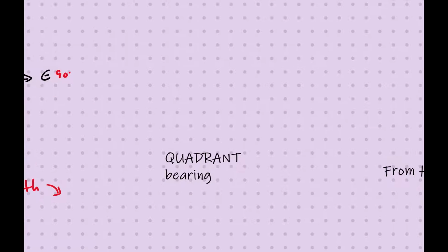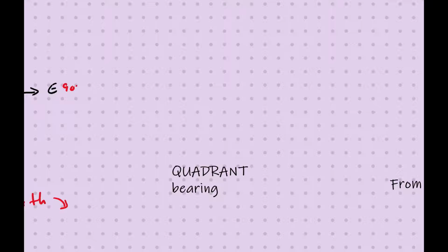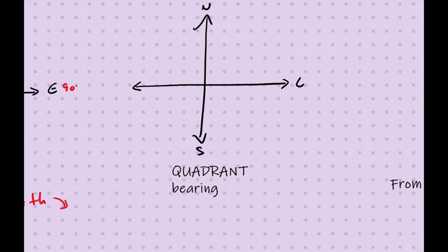For quadrant bearing, it's always going to be measured from either the north or the south first, and then you go towards the east or the west.